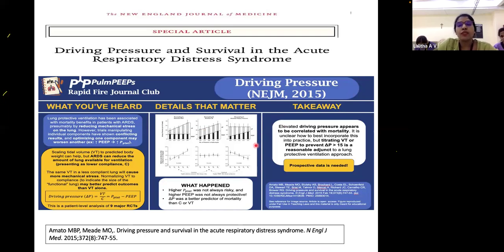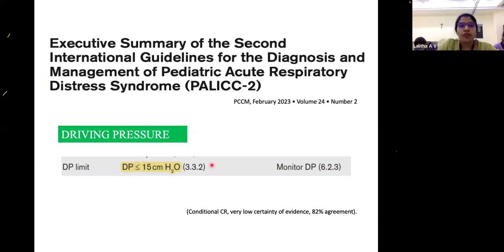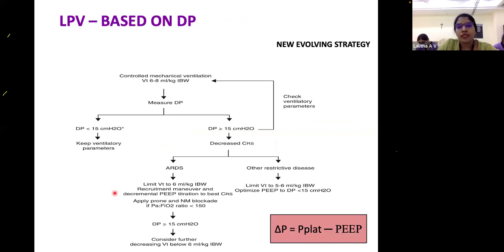With any driving pressure more than 15, the mortality was higher. So they concluded to keep the driving pressure less than 15 centimeters of water. So PALICC took that reference and incorporated this research, and they recommended keeping the driving pressure less than 15 centimeters of water.